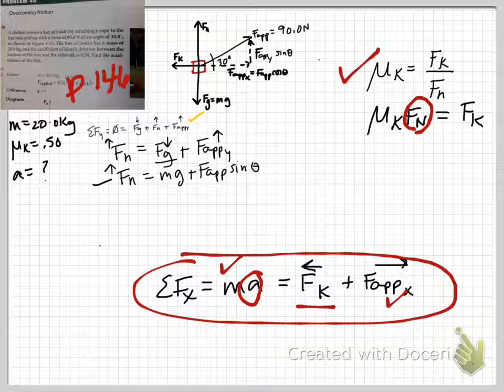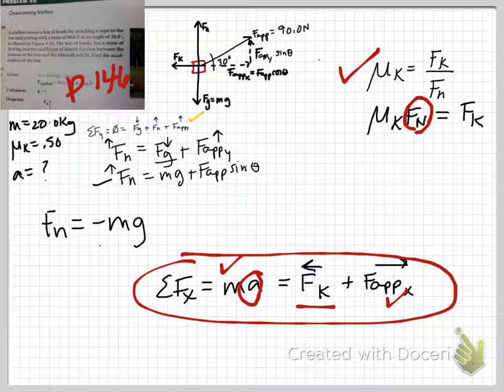Okay? So here's where the bone of contention comes in. We can either say negative Fn equals mg plus force applied sine theta, or we can say Fn equals negative mg minus force applied sine theta.